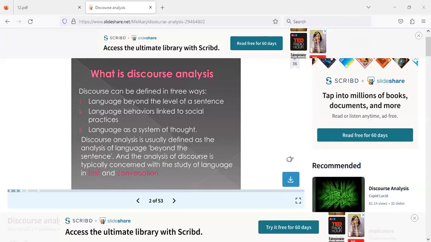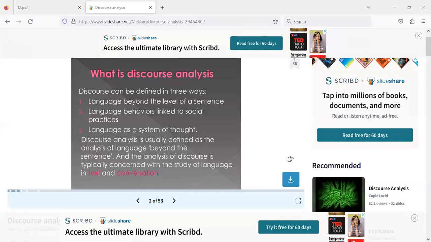So the first point is language beyond the level of a sentence. The second one is language behaviors linked to social practices. Social practices means the people are the ones who are using the language. So it's a living thing. Language is dynamic, not static. Static means it's not always the same. Whether it's our mother tongue or any foreign language, from time to time it will change.